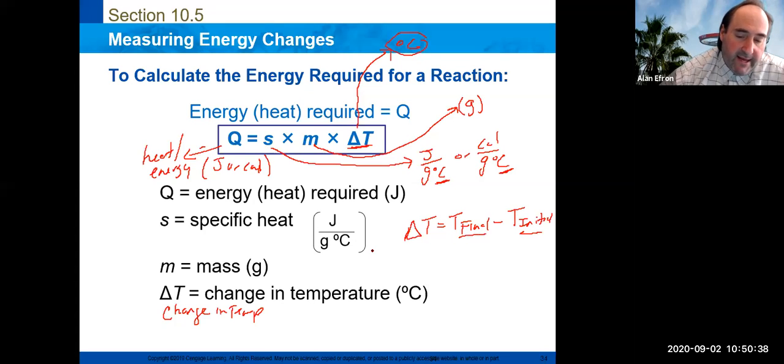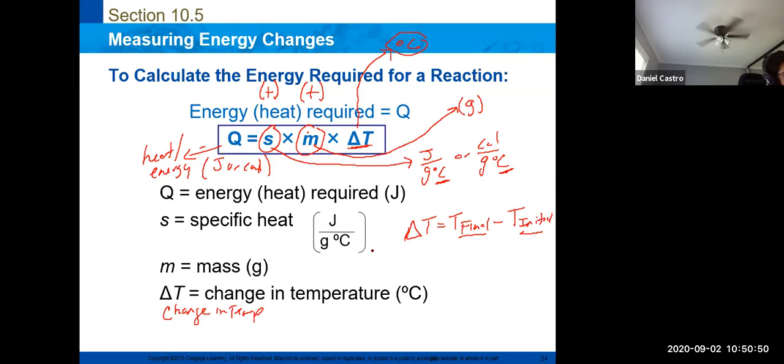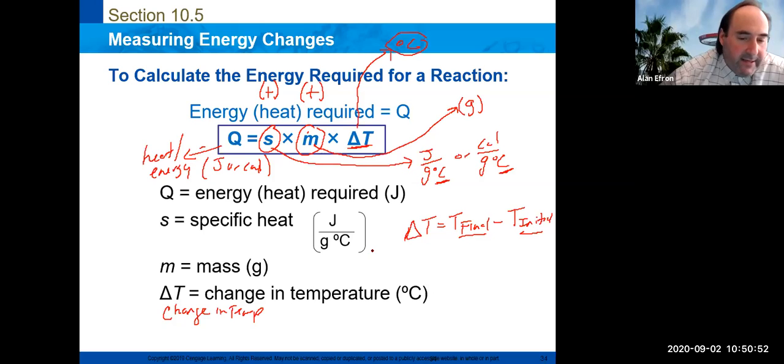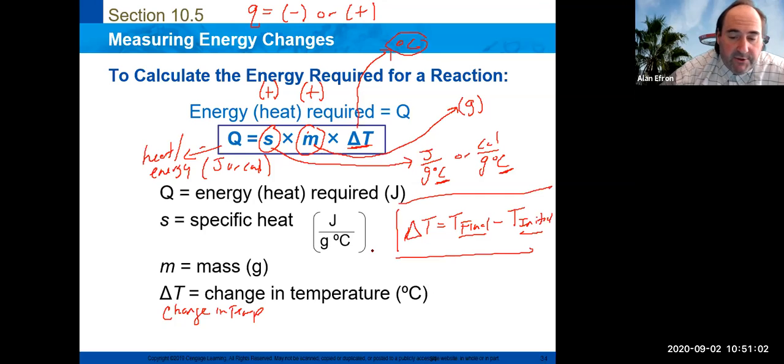And the reason for that is when we look at specific heat capacity, this is a positive number. When we look at the mass, it is also a positive number, which means what truly determines what is going to happen in terms of Q. And what I mean is, will it be a negative value or a positive value, is actually this part of it, the change in temperature.